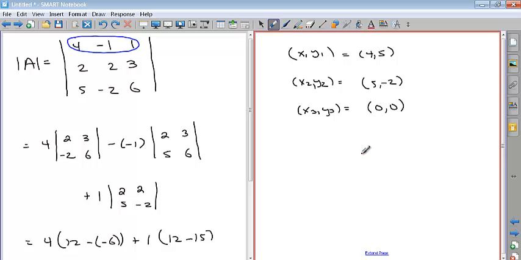If you go back in the book and look under areas, area of a triangle, it says the area of a triangle equals plus or minus a half, and then you put in the coordinates like that.